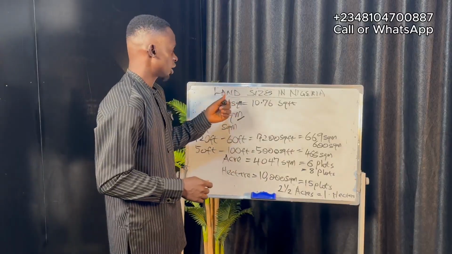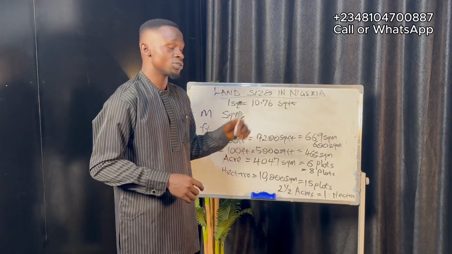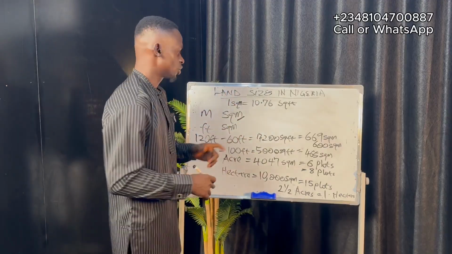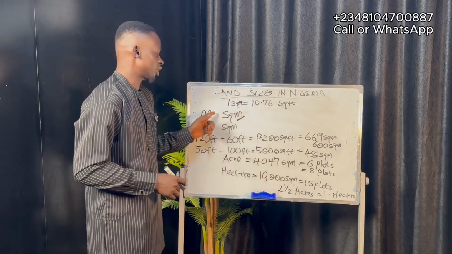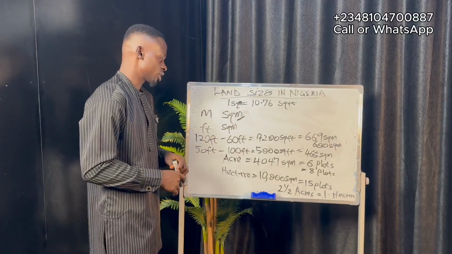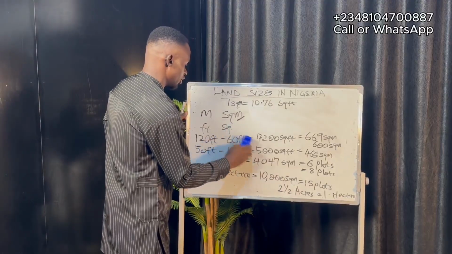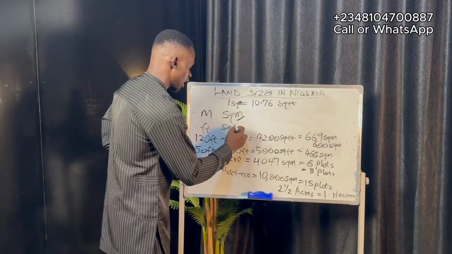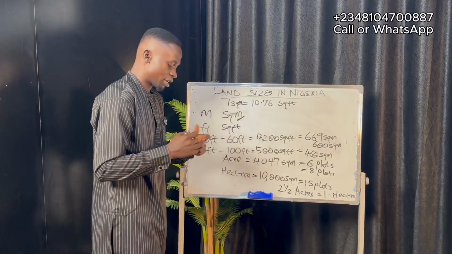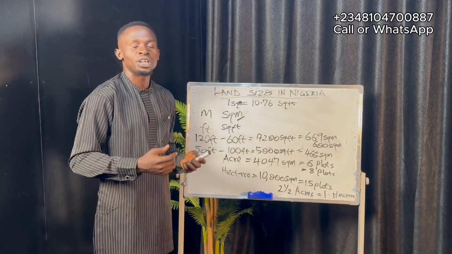So, just a quick recap. We talked about land sizes that are used in Nigeria and also the measurements. These are what are obtainable: meters, feet, square meters, and square feet. Then we talked about the sizes of land, and we mentioned that it varies depending on the location.